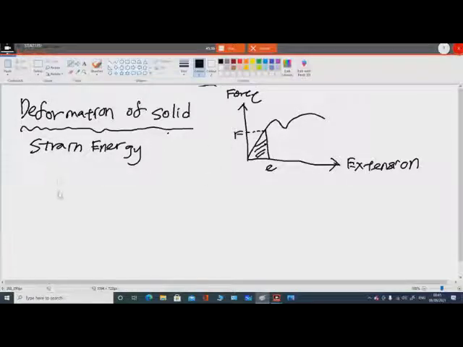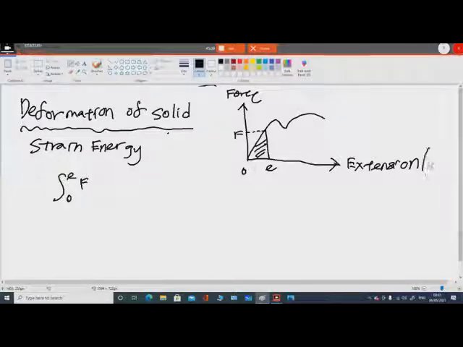So in this region, we need to find this area. So it is actually 0 to E. We integrate this area from 0 to E of F dx.